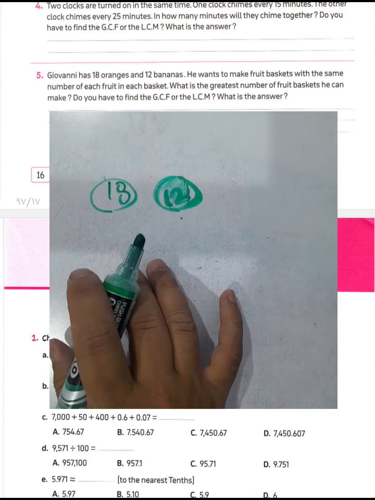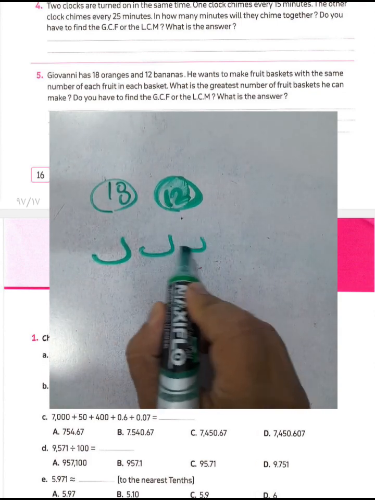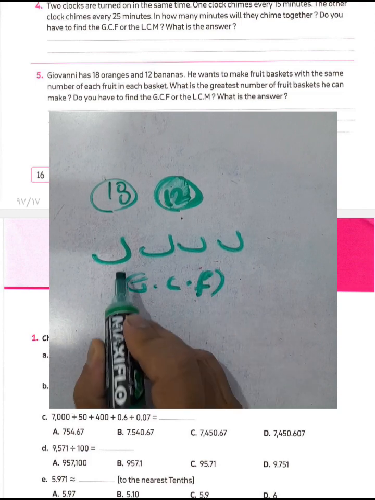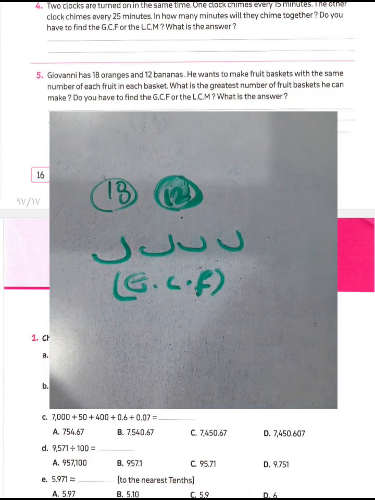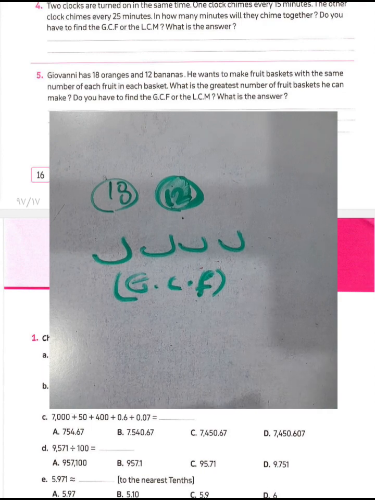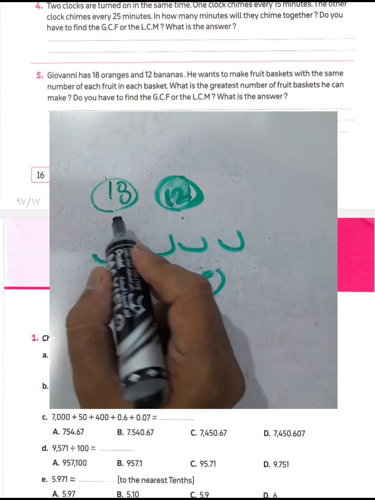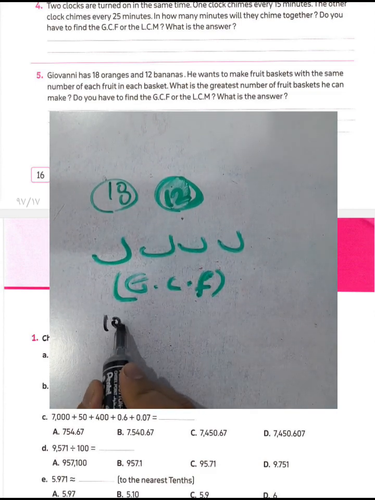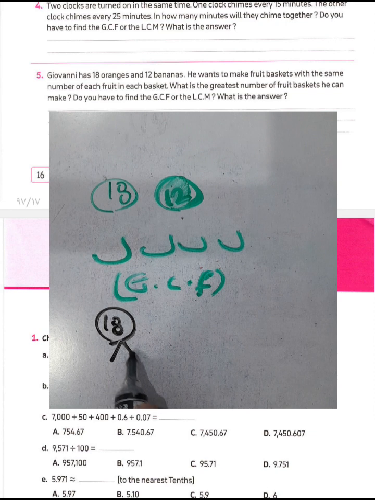In this example, to make the baskets, you can use the greatest common factor between two numbers. You must find the greatest common factor between two numbers, and it refers to the greatest number of fruit baskets. We know 18 equals 2 times 9, and 9 equals 3 times 3.